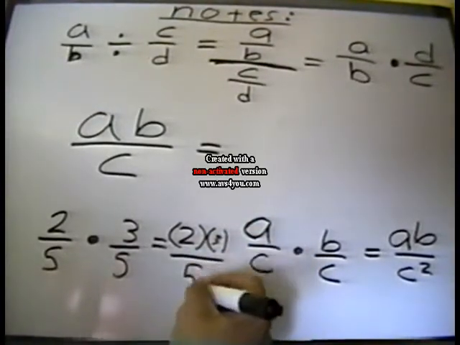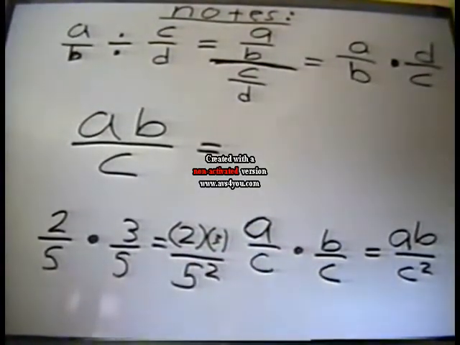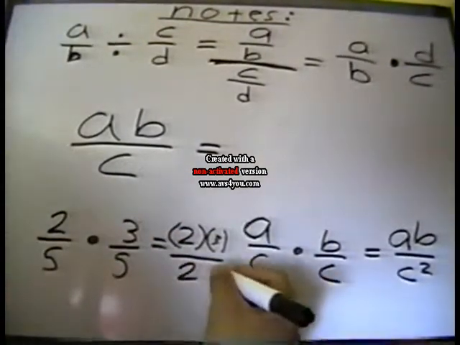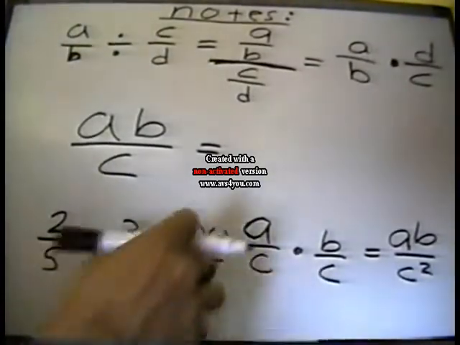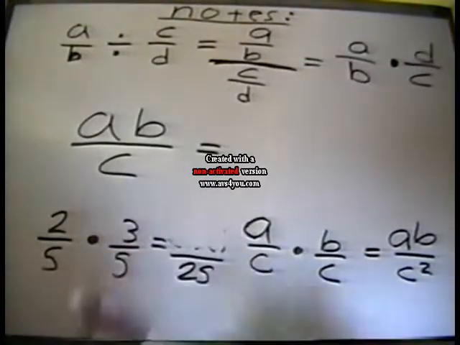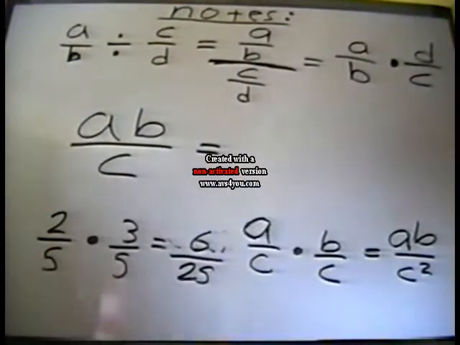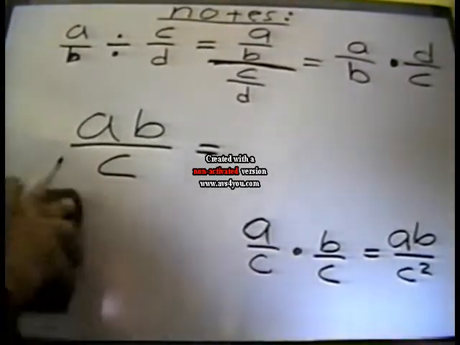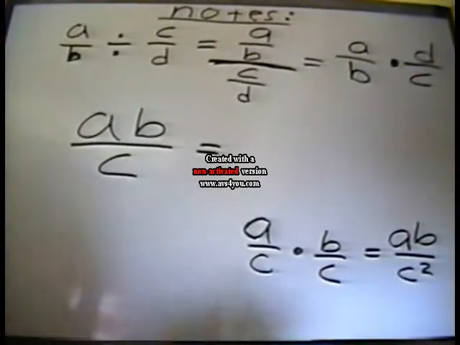That's going to give you 2 times 3 over 5 squared, okay, which is 25, right? 2 times 3 is 6, and that becomes 6/25. Okay.